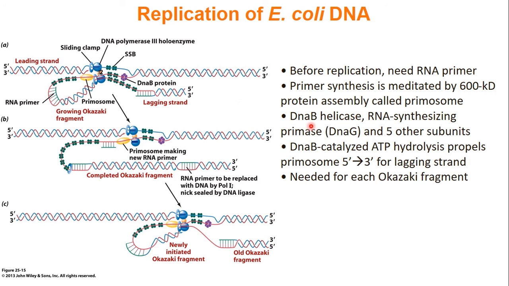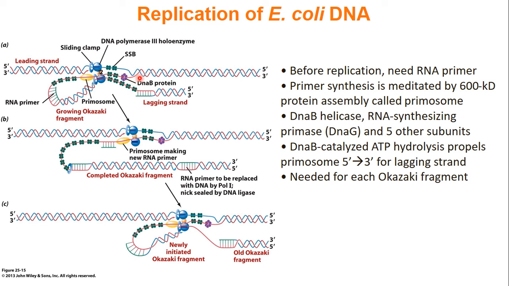So you have your DnaB helicase that we talked about. Your primase is called DnaG, and we have 5 other subunits of this complex. And what happens is that DnaB is using ATP to move, and this is driving the primosome on the lagging strand.